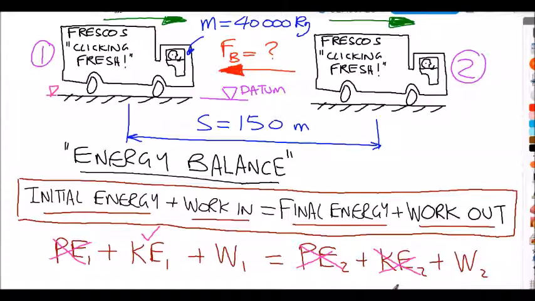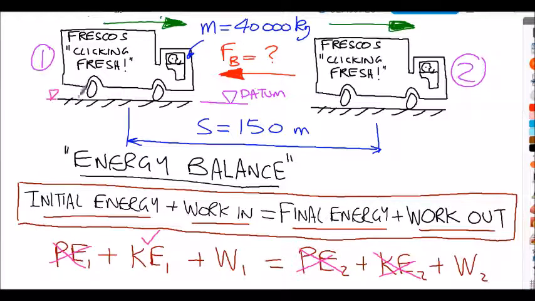Is any work being done as the vehicle moves from position 1 to position 2? Well, there's no force applied to the vehicle at position 1, pushing it from left to right, so there can't be any work into the system. But we know there is work out of the system because we've got the braking force that will be assumed constantly applied over the distance of 150 meters.